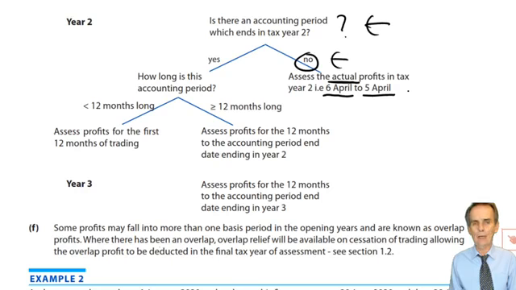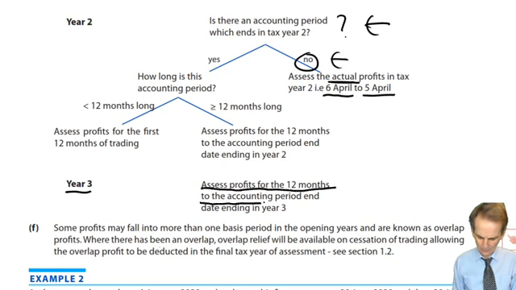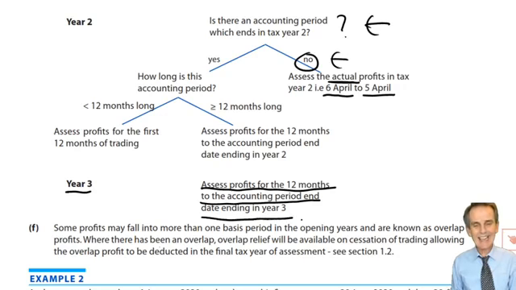But it won't be a year end. It will be a long opening period. So for year 3, and it's only going to happen in this one particular situation, we would now be assessing profits for the 12 months to the accounting period end date ending in year 3, in that tax year.